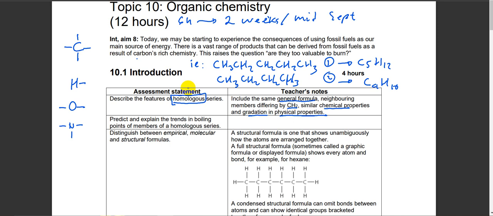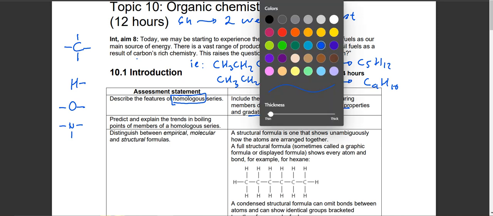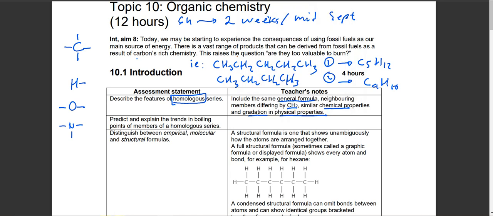So clearly they are different compounds, they are different molecules, but the difference between them will be the number of CH2. In the first compound, you have 3 CH2, and then the second compound you only have 2 CH2.